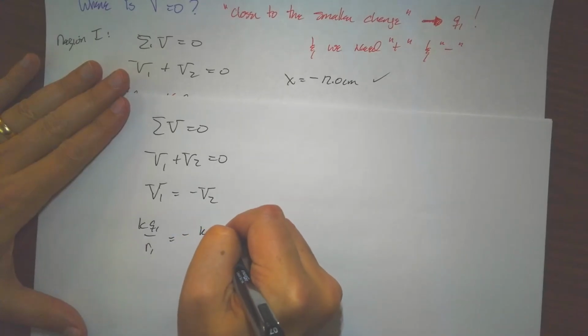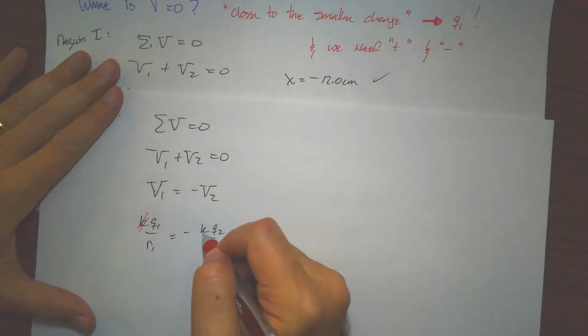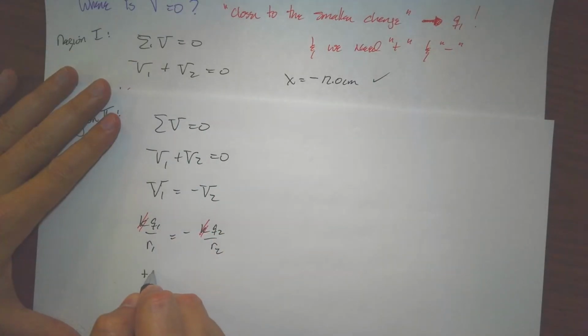Minus KQ2 over R2. And at this stage, the K's go. We put in our Q's, put in our R's. Q1 was plus 5E. R1 was A, because that's the way I picked it.